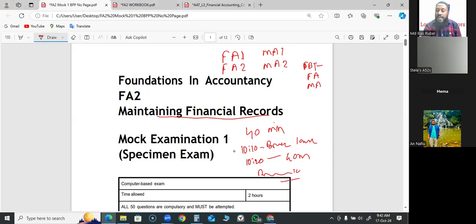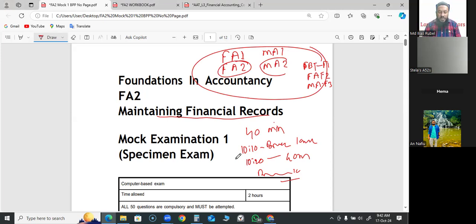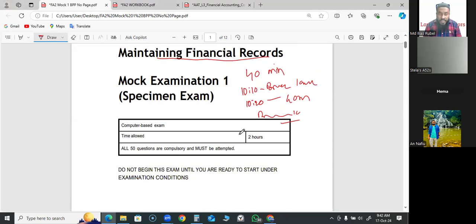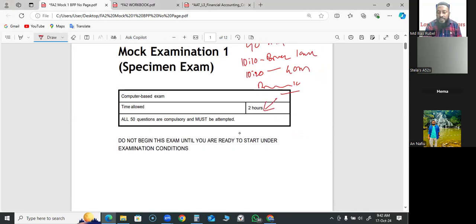These used to be known as F1, F2, and F3. So we are on one of the initial papers, which is equivalent to AAT and covers the AAT syllabus as well. It is a computerized exam, just like AAT. You will have 2 hours and 50 questions you must answer.